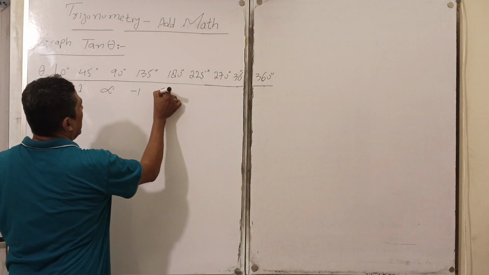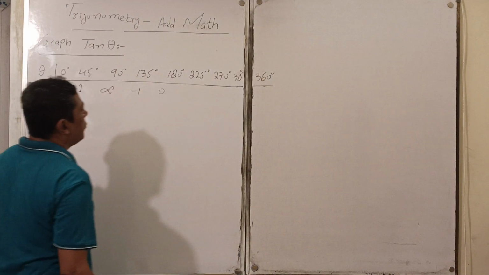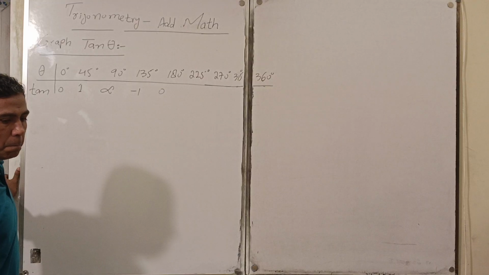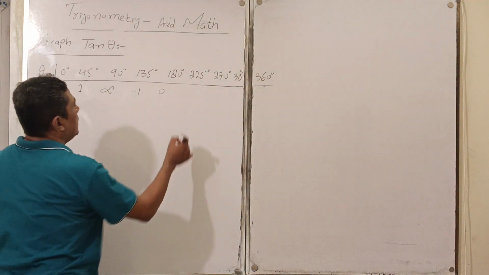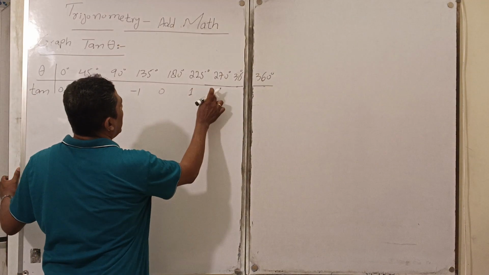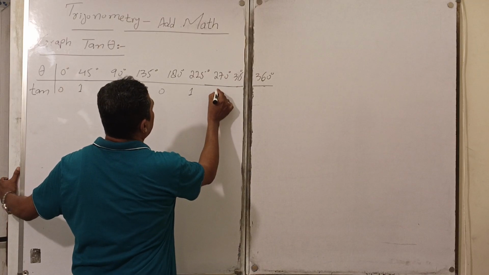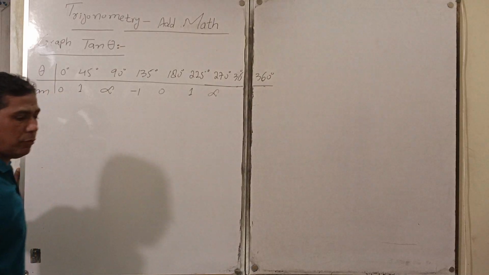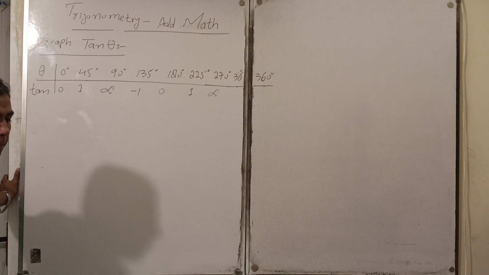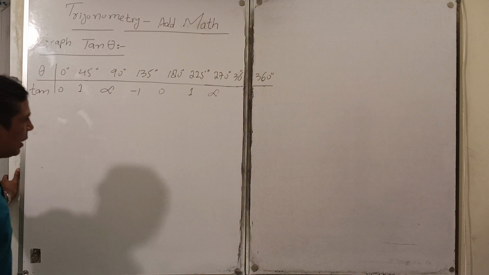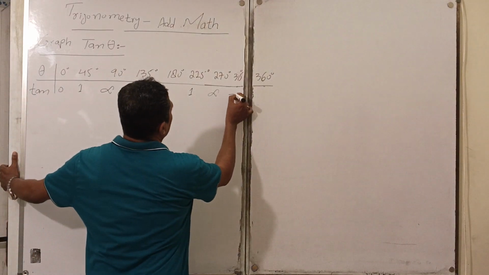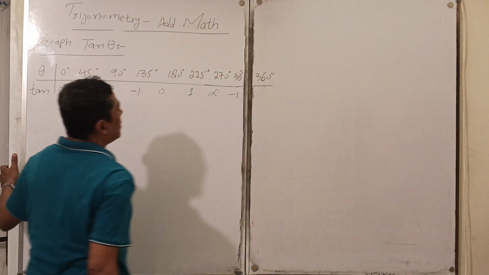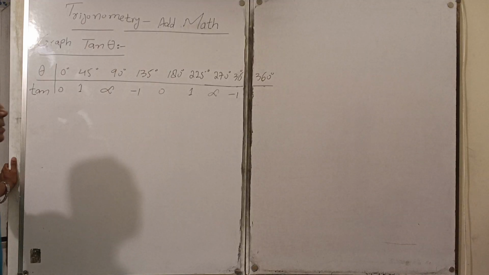At 225, 1. At 270, again infinity. At 315, minus 1. And at 360 degrees, 0.